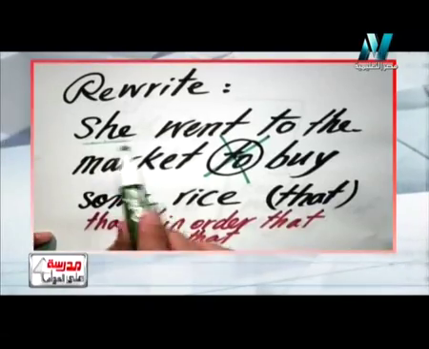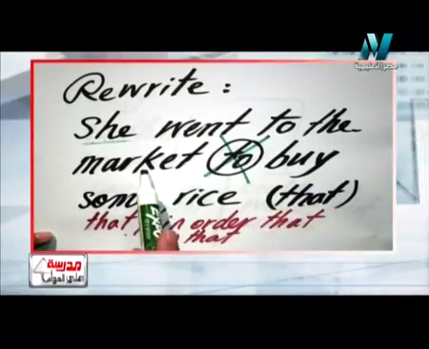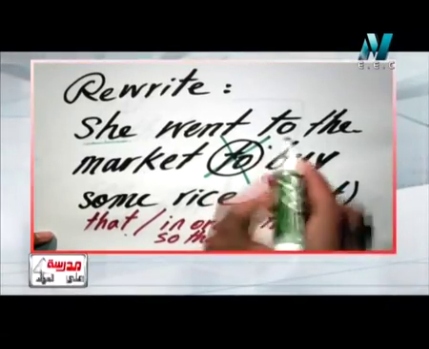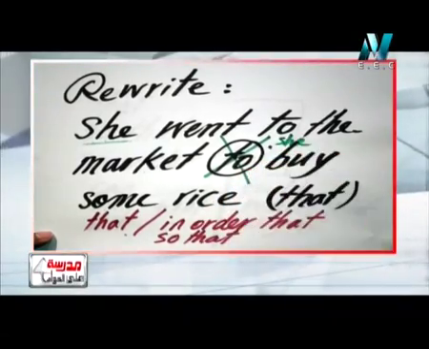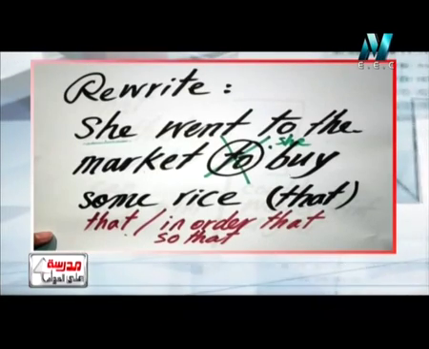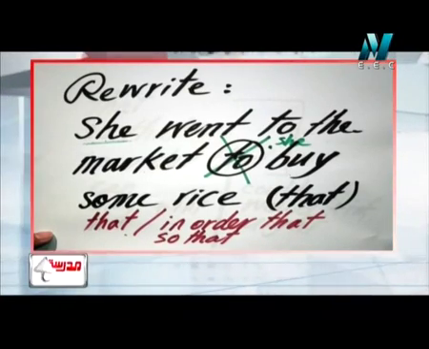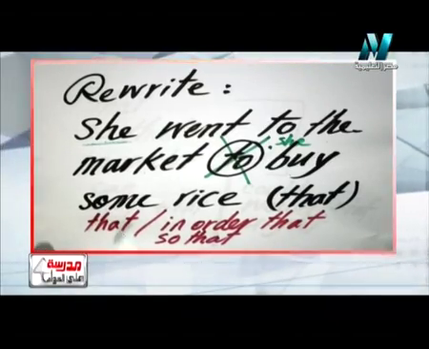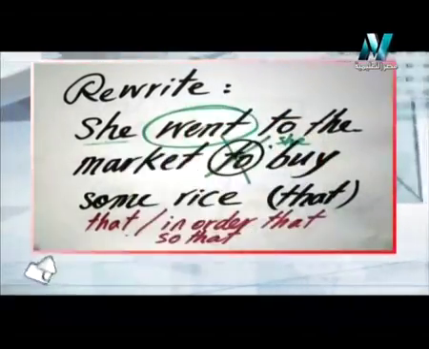So we say, she went to the market so that she, followed by could, would, or might. Why? Because the sentence we have is in the past.